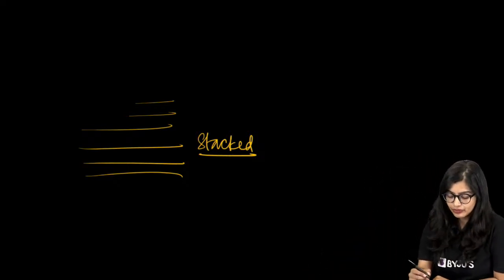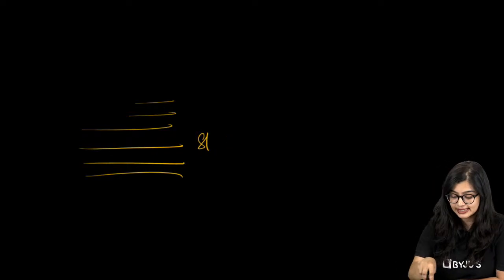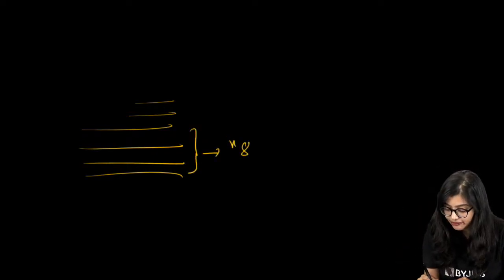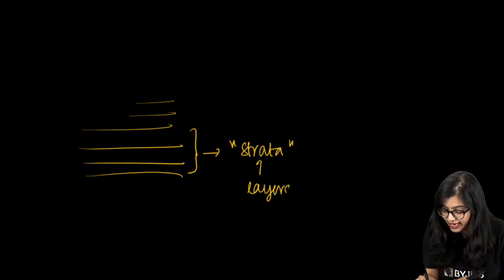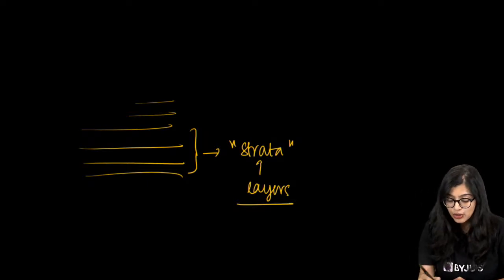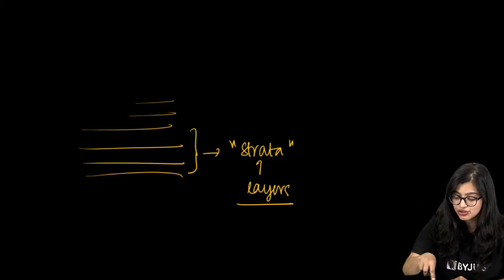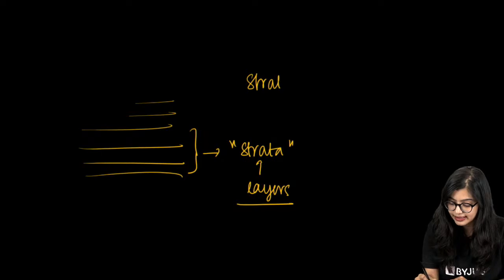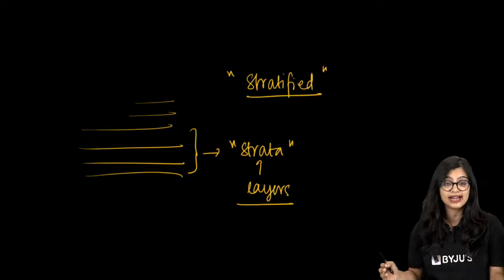So this is what I understand as multiple layers. When it gets stacked, it forms different layers, or different strata, which is why we call this stratified epithelium, right? What do we call this? We call this stratified epithelium.